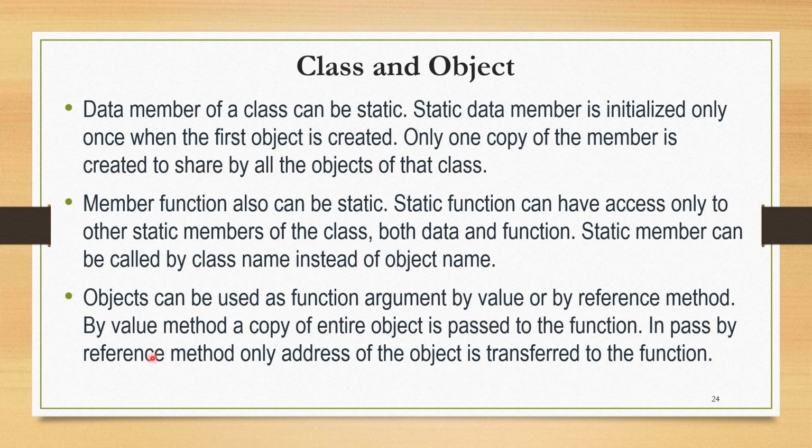When you use the by value method, a copy of the entire object is passed to the function. In the pass by reference method, only the address of the object is transferred to the function. This is the difference. These are the other features of class and object.